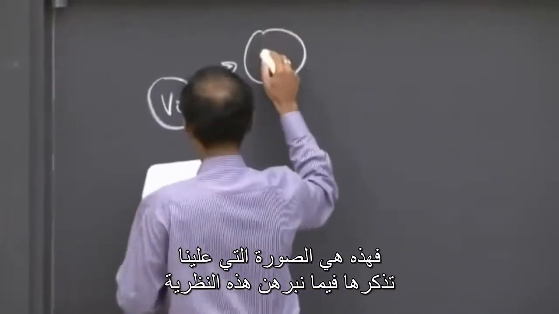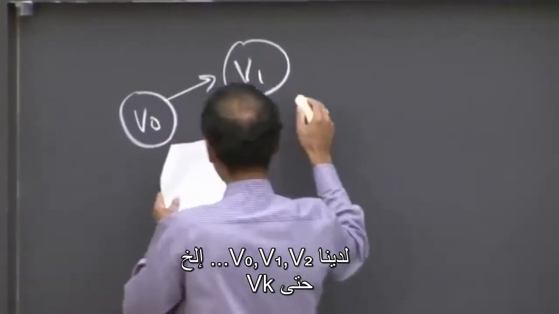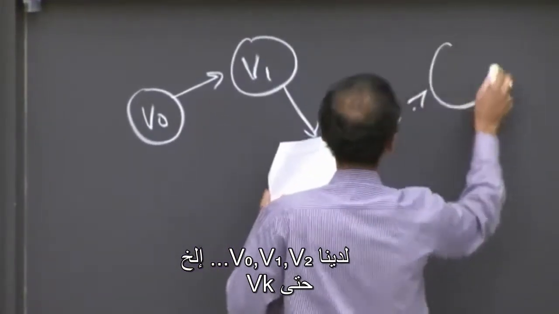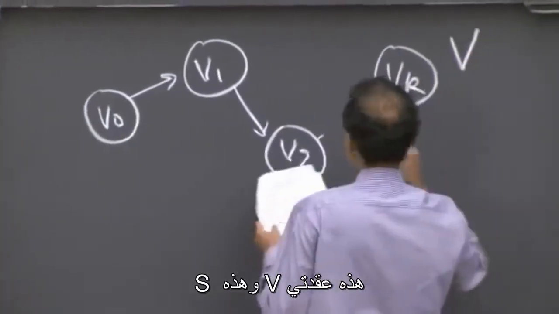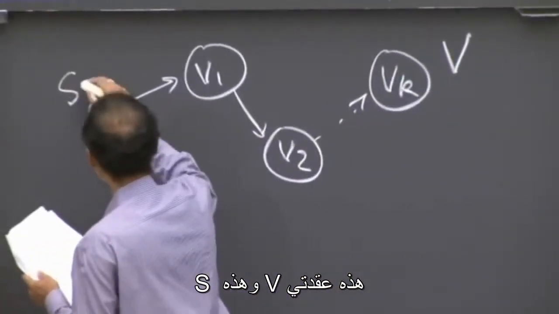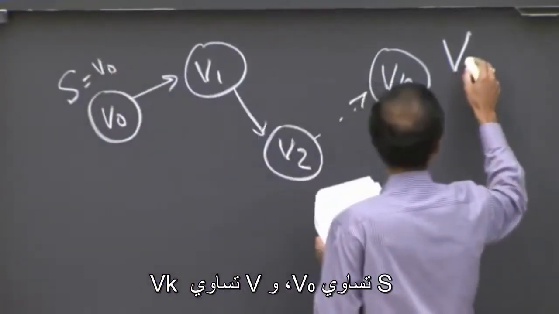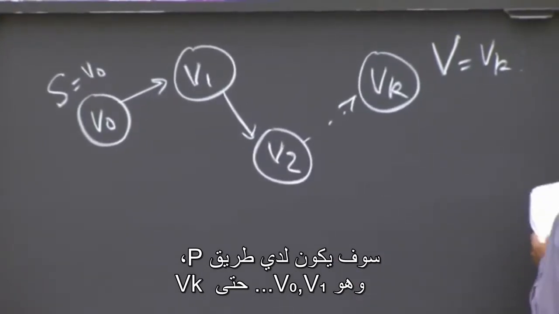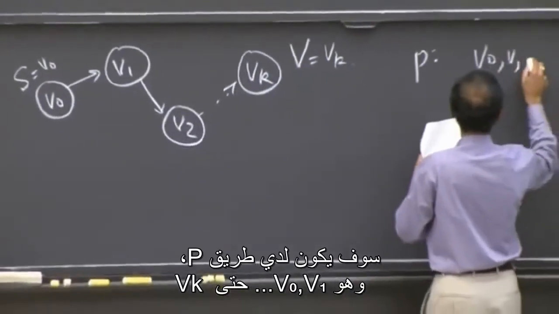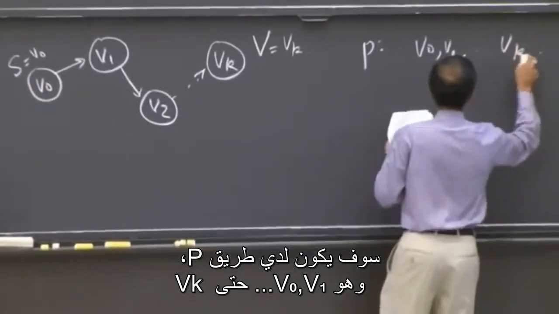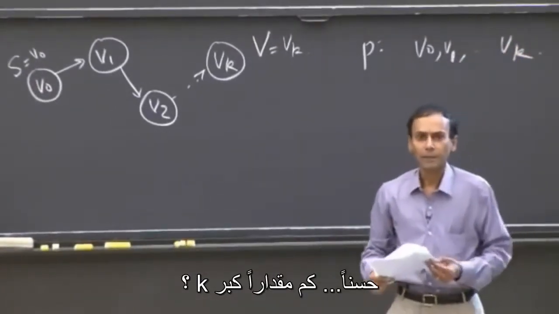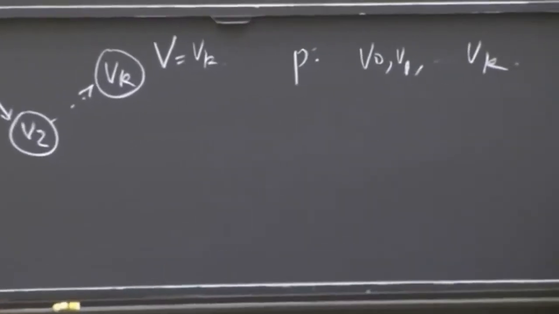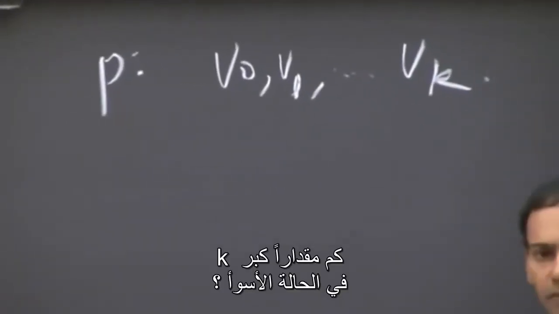You have V0, V1, V2, etc., all the way to Vk. This is my vertex V, this is S. So S equals V0, V equals Vk. I'm going to have a path P that is V0, V1, all the way to Vk. Okay? How big is k in the worst case? How big is k?